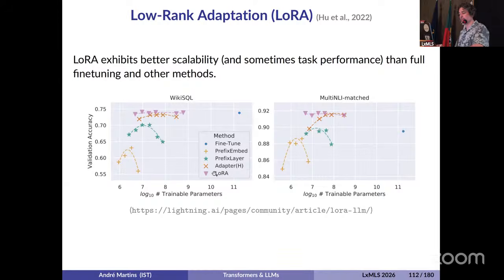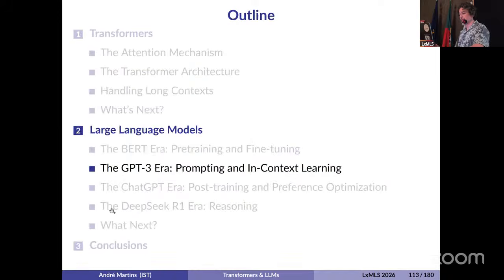The main point is that with LoRA, which is these pink triangles here, you can keep the same accuracy as using the full model, but with orders of magnitude fewer trainable parameters. Okay, so this ends the pre-training and fine-tuning era, where BERT was a good representative. Now I'm going to move on to prompting and in-context learning, which is what GPT-3 started.